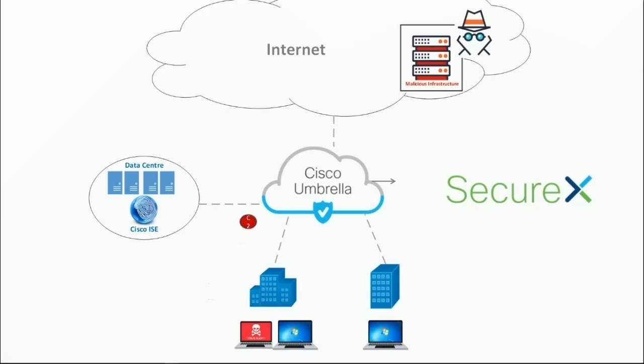Once it is discovered and blocked by Umbrella, you now have two options to take the required action. You can keep manually checking the critical alerts on the Umbrella dashboard, find the device context or details of the infected device, and then manually isolate it inside the network by contacting Cisco ISE, looking up the infected system, and then isolating it.